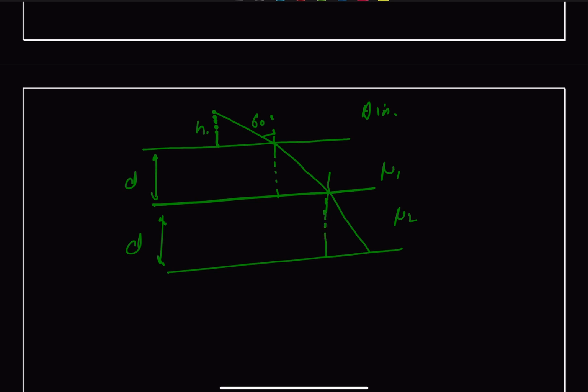Let us call this A, this B, and this C. And we are given h, which is 1/3. So this angle will be 30 degrees. So we can easily find that this distance will be 1 upon square root of 3.